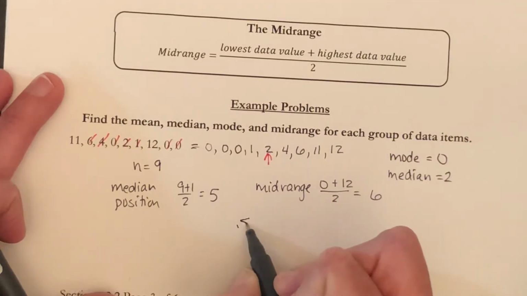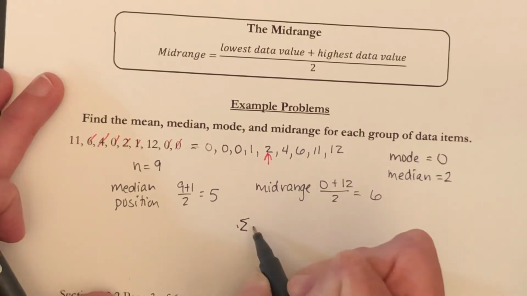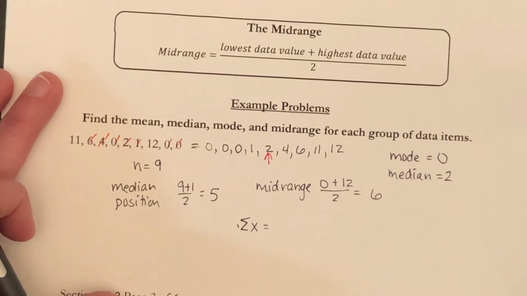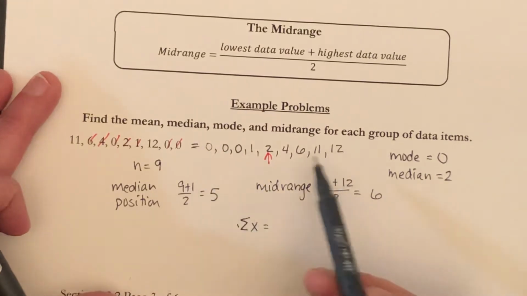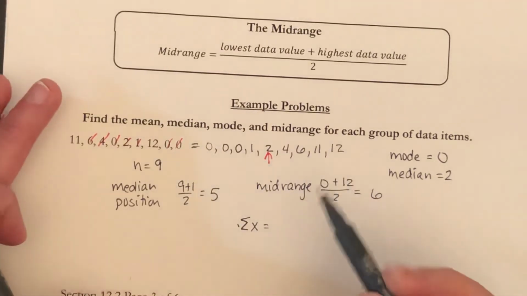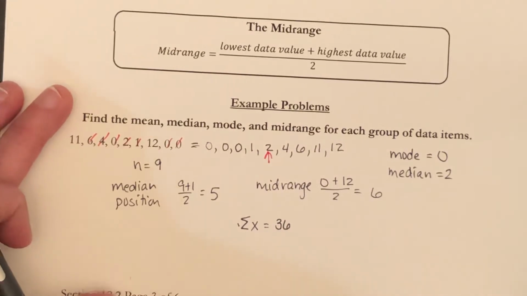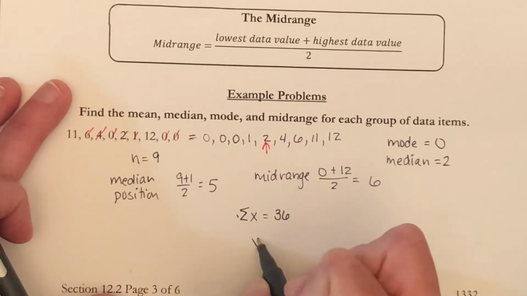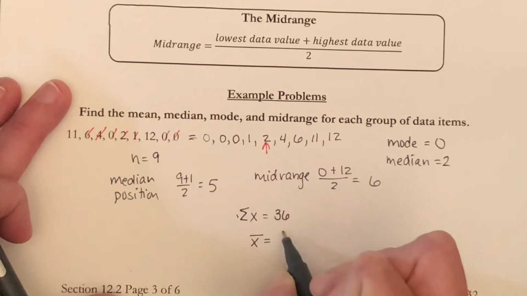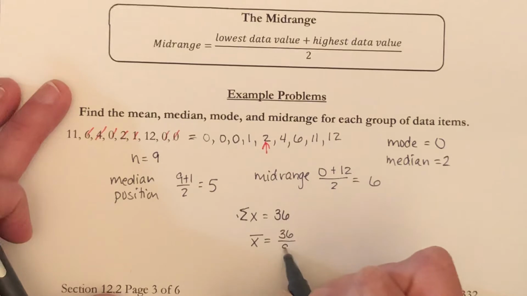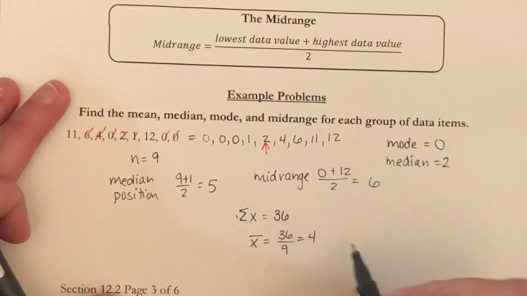And our notation for this was the sum of x. Now, I know you, again, know how to use a calculator and you can add up numbers here. You don't need to watch me do this. If you add up all of these numbers, you get 36. So the mean is 36 divided by the number of items, which is 9.